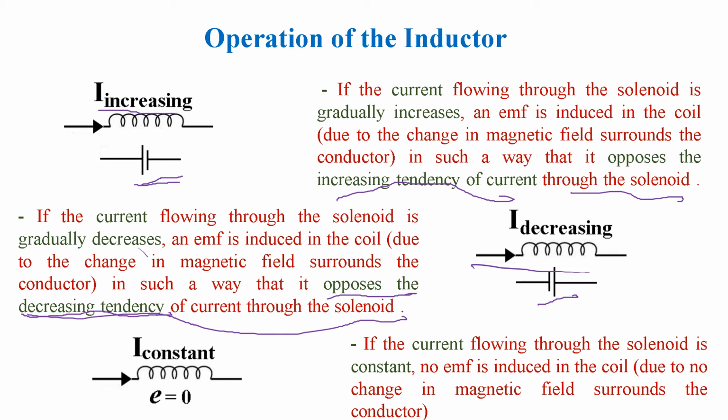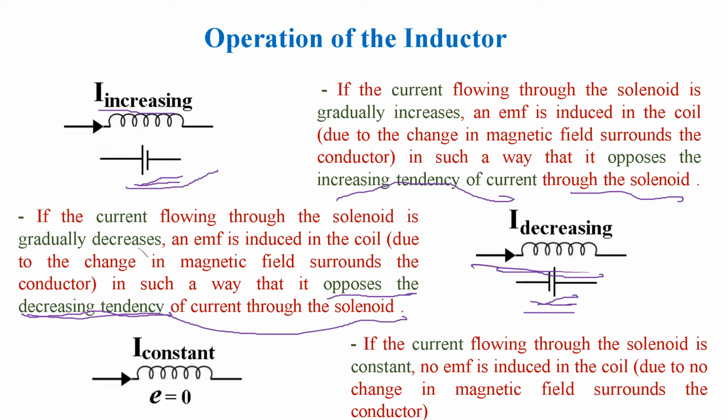If the current is increasing through the solenoid, the EMF is induced in such a way that it opposes the increasing tendency of the current, and if the current flowing through the solenoid is decreasing, the EMF is induced in that direction so that it opposes the decreasing tendency of the current.